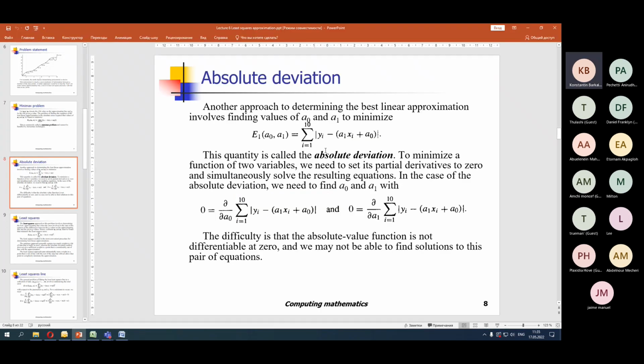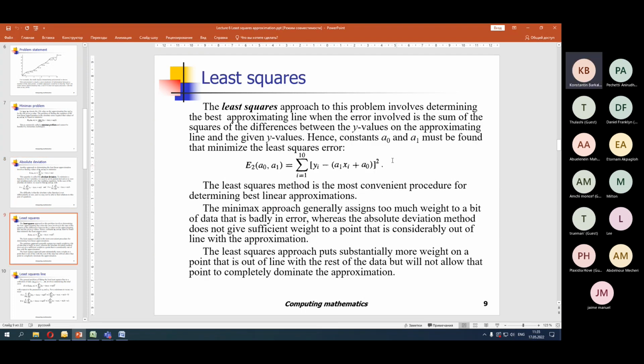And as I told you, this problem cannot be solved. But when we consider not the absolute value, but the square of this difference, this problem becomes solvable.